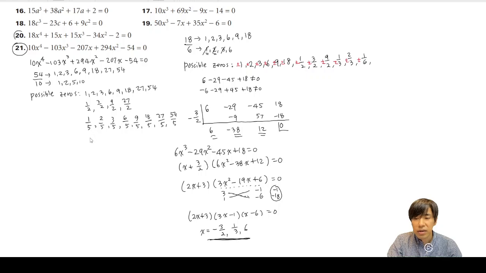Okay, now 10. 1 over 10. 2 over 10 is same as 1 over 5. 3 over 10. 6 over 10, 9 over 10. 6 over 10 is the same as 3 over 5. 18 over 10, 27 over 10. 54 over 10 is already there. It's 27 over 5. And then make sure to put plus and minus to every one of these.